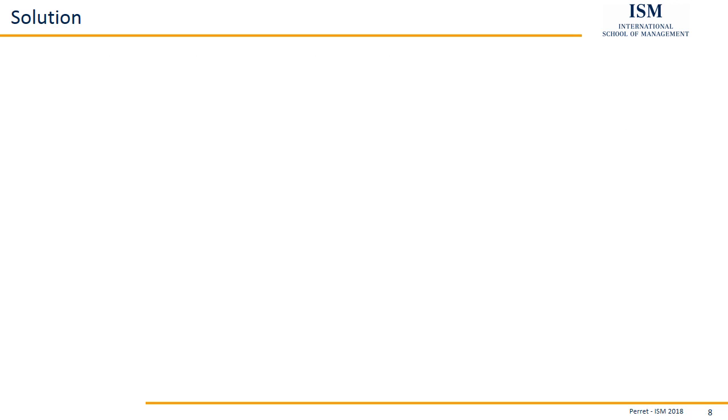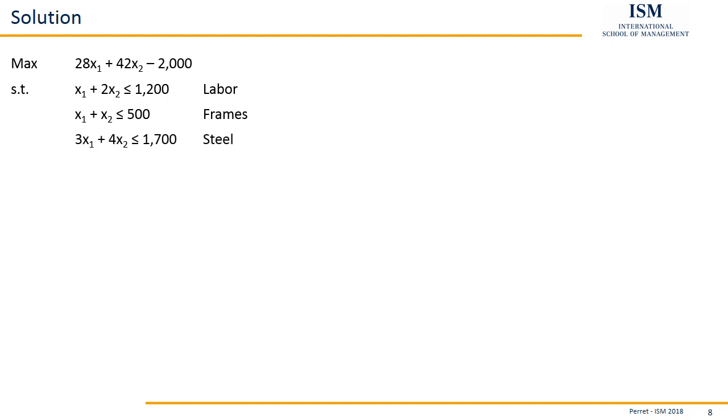If we do this, we get as our objective maximize 28x1 plus 42x2 minus 2000. Then there's the labor constraint, x1 plus 2x2 lesser than 1200. We have the frames constraint, x1 plus x2 lesser than 500. And we have the steel constraint, 3x1 plus 4x2 lesser than 1700.